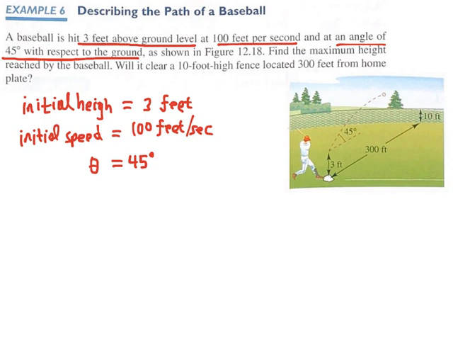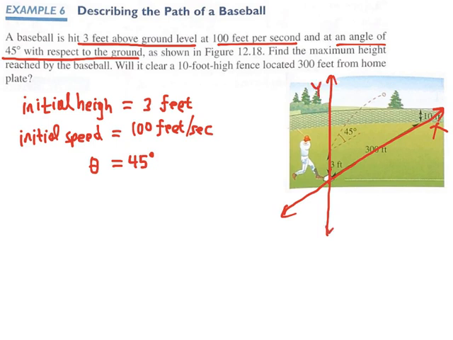a position vector for the position of the baseball with reference to our coordinate plane that I will go ahead and sketch here. So this is going to be the x-axis, and this is going to be the y-axis.